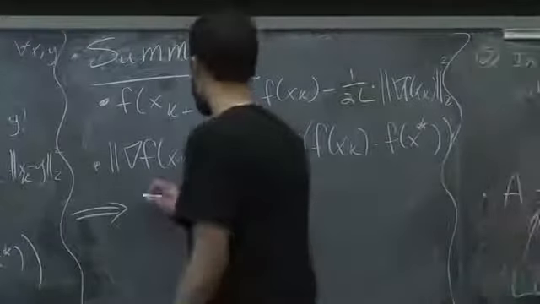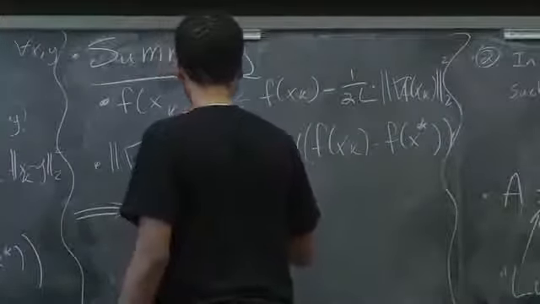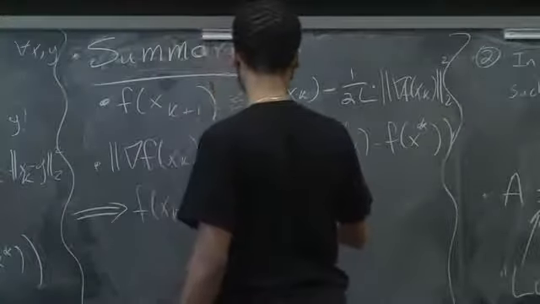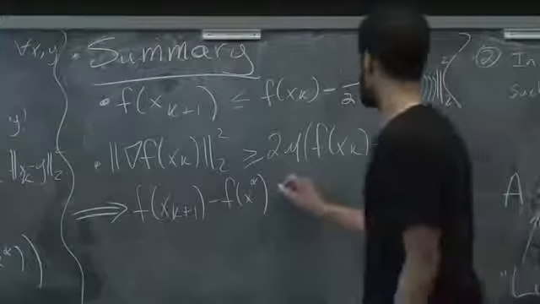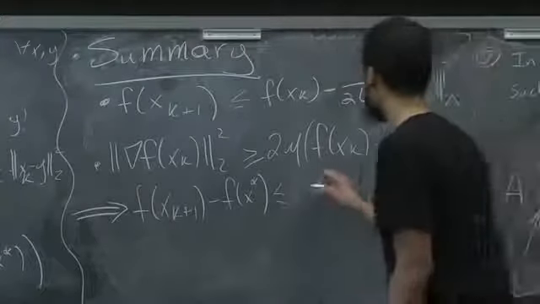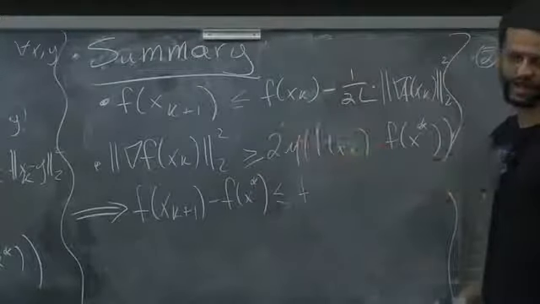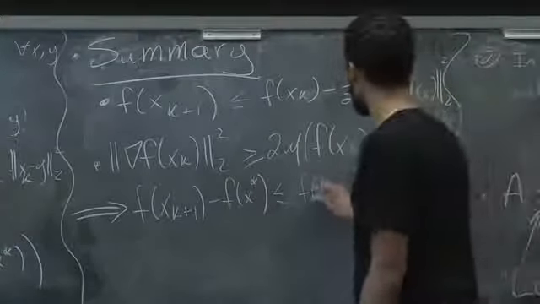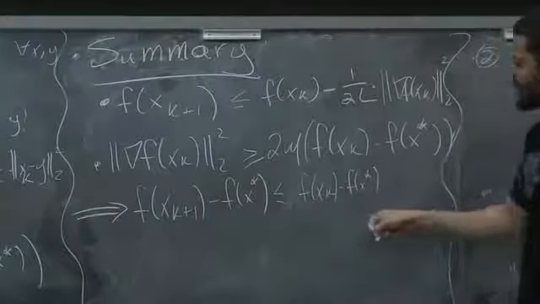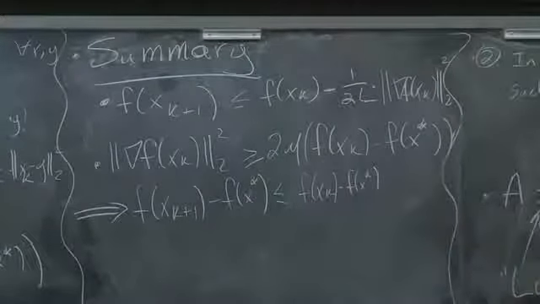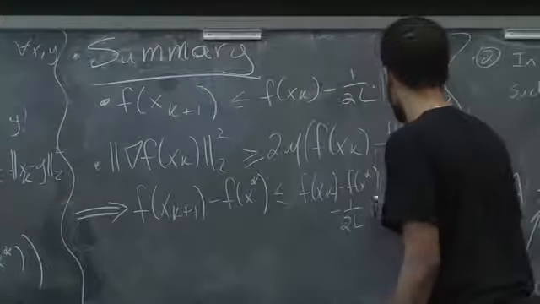This implies that f of x_{k+1} minus f of x star is at most, well, I'm just subtracting f of x star from both sides. I'm not doing anything fancy. This is at most f of x_k minus f of x star. There's me subtracting from both sides.